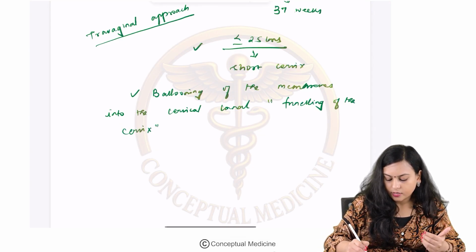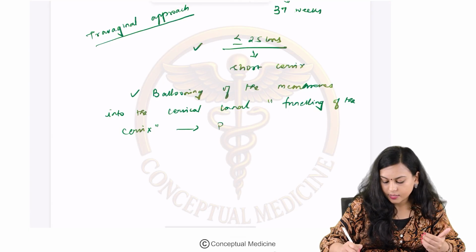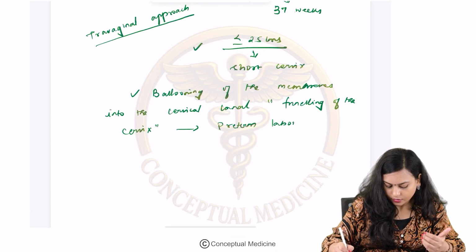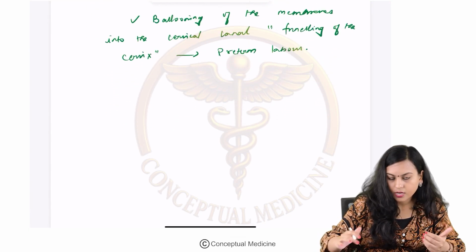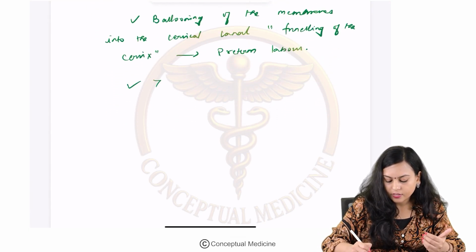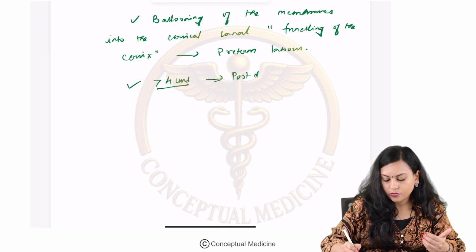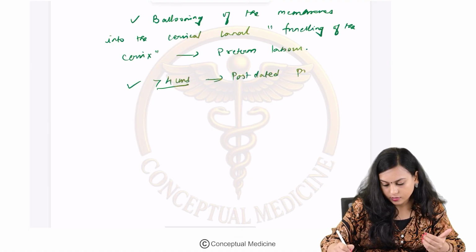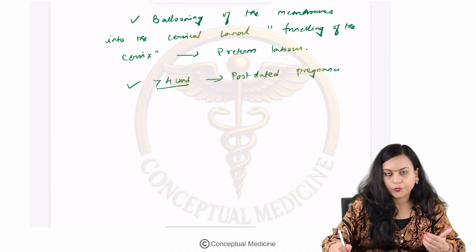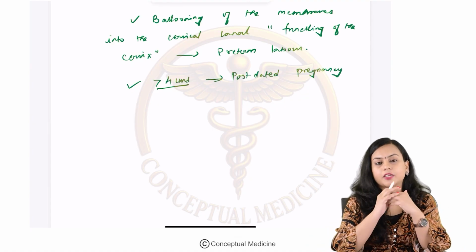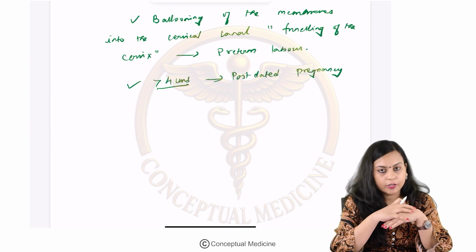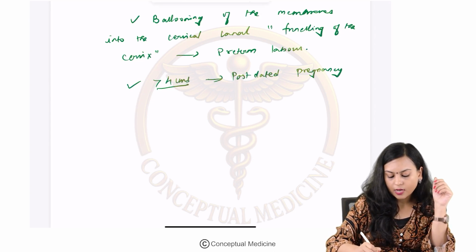This indicates there is a chance of preterm labor. At the same time, if the length of the cervix is more than 4 centimeters, there can be a chance of post-dated pregnancy also. Cervical insufficiency is the most important cause of recurrent pregnancy loss.